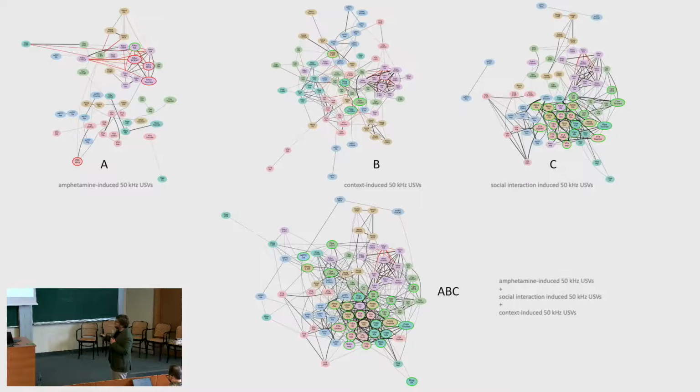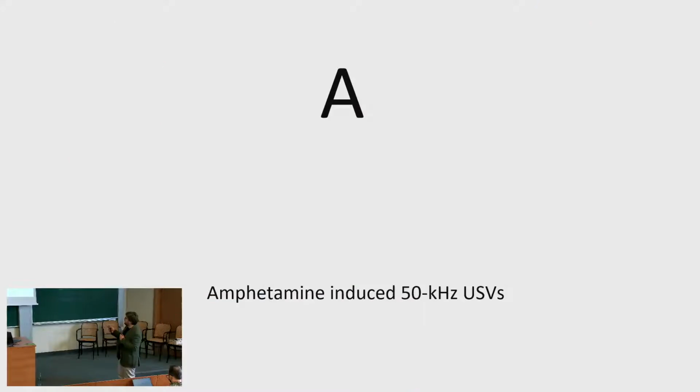The second model is context-induced 50 kilohertz. And another one is social encounter-induced 50 kilohertz. But I'll tell you a few words about all those experiments, and then I will show you another thing about how it works.